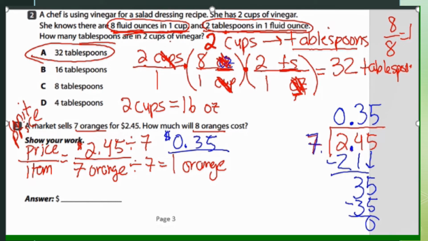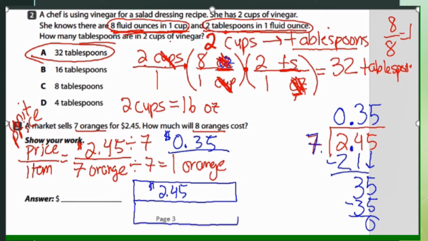Now, if you draw it out, we have 7 oranges, that's going to be equivalent to 245. So 245 needs to be split evenly between 7 oranges. So 1, 2, 3, 4, 5, 6, 7. So each orange is going to cost 35 cents.